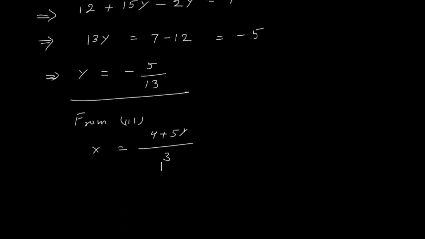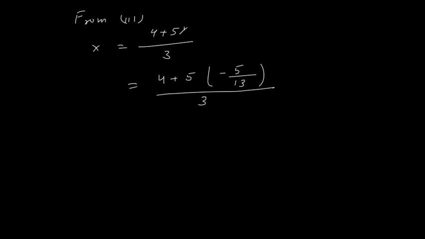So here it will become x is equal to (4 plus 5 into minus 5 divided by 13) whole divided by 3. So the value of x will become (4 minus 25 divided by 13) whole divided by 3.